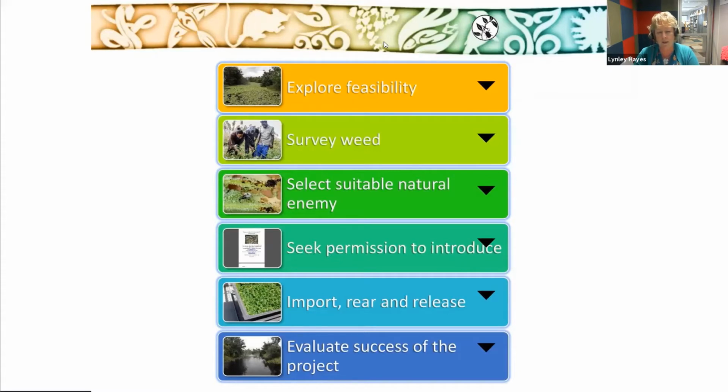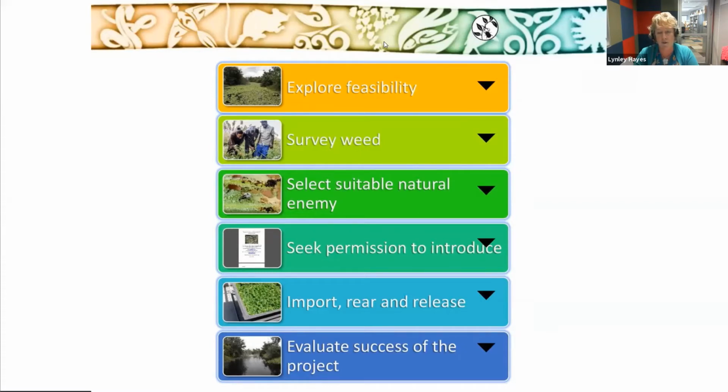And we need to see if there's going to be things like predatory ants or spiders or wasps that might disrupt the natural enemies. Then sometimes we're lucky and we already know what the natural enemies are that we want to release to control a weed. But other times we're working on projects which are completely new, where nobody has ever looked at that before anywhere in the world.